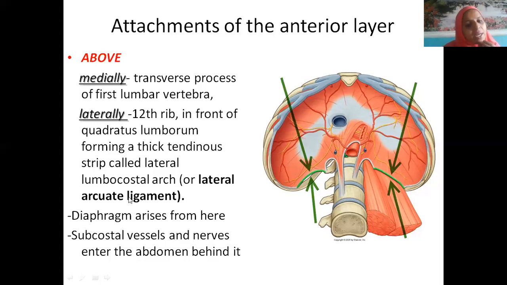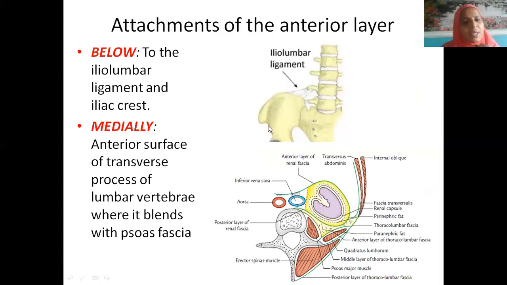Another name of lateral arcuate ligament is lateral lumbocostal arch. Whatever is easy you can remember. The diaphragm arises from here, and if you remember the diaphragm picture, we had two arteries and one vein, no? The subcostal vessels and nerve enter the abdomen behind this lateral arcuate ligament. If you recollect, it is in the diaphragm picture.